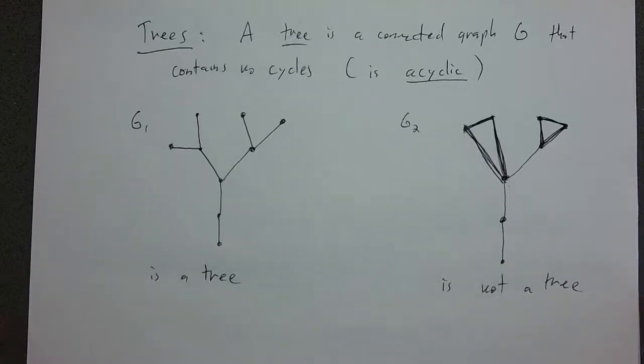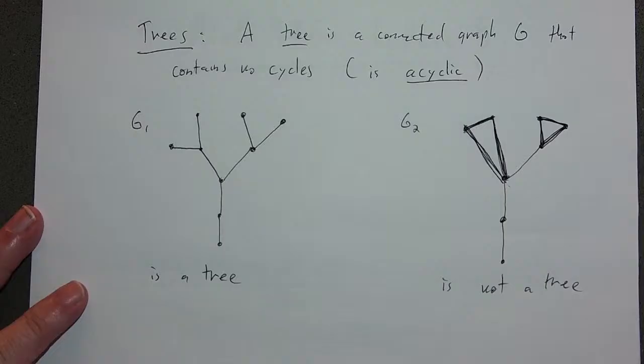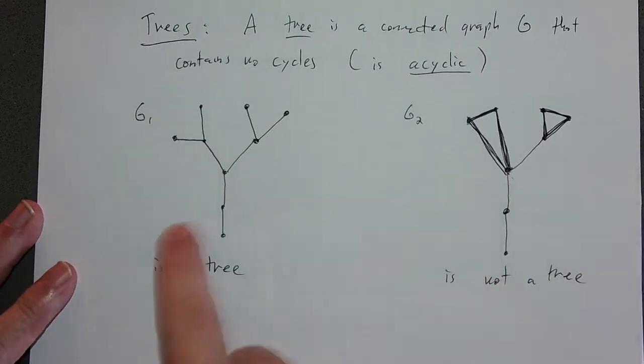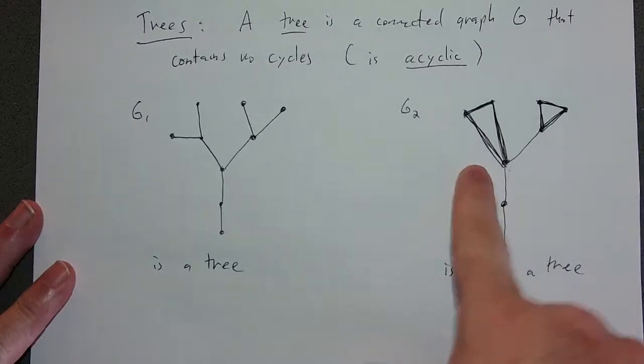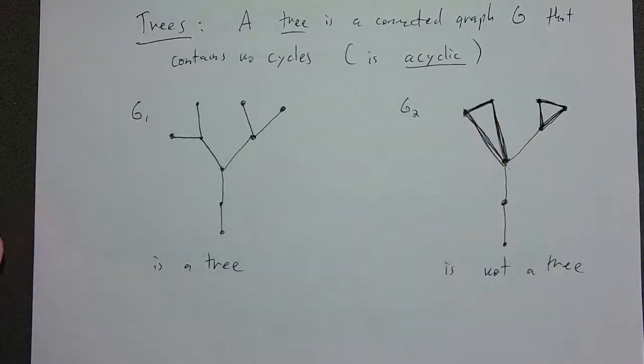So, what was a tree? It's a connected graph that contains no cycles. If you're saying it in a snappier fashion, you'd say a connected acyclic graph, G. So here is an example of a tree. Here's an example of not a tree because there are these cycles that I showed last time.